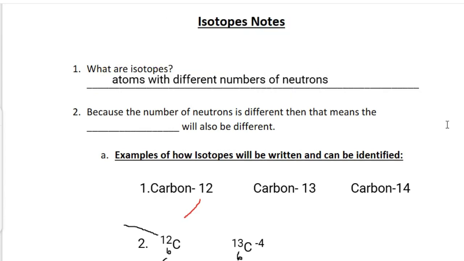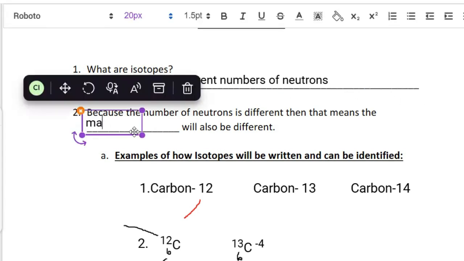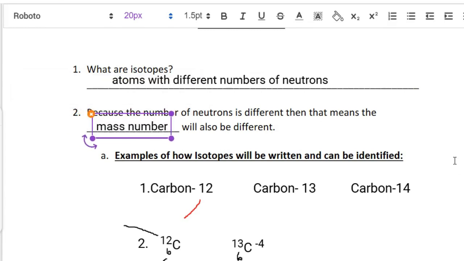And neutrons typically have an atomic mass of 1, just like the protons. So in order to get the mass number, we would add our protons and our neutrons. But because the number of neutrons is different, that means the mass number will also be different for those elements.